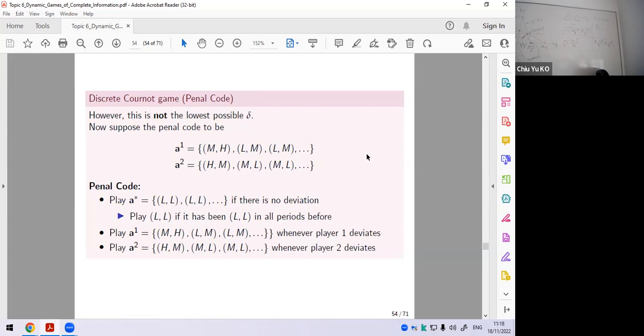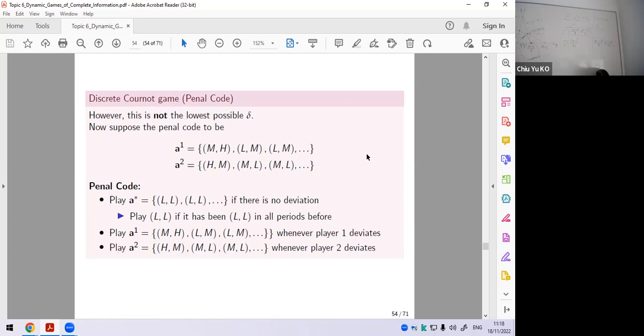That is not efficient. So how can you improve the punishment? We call it penal code, which means that you have a punishment for each player who deviates from the good path.